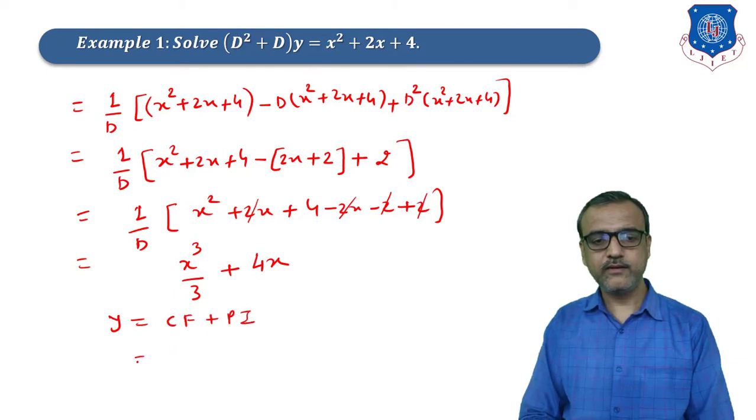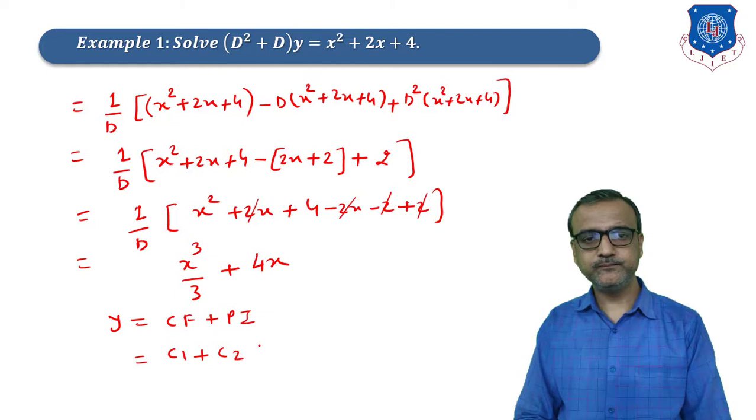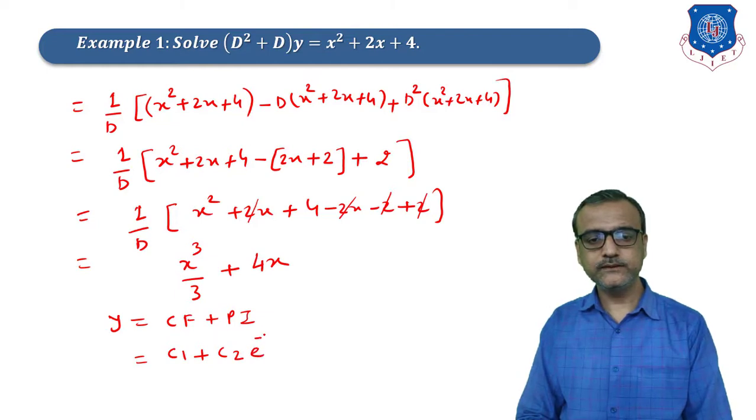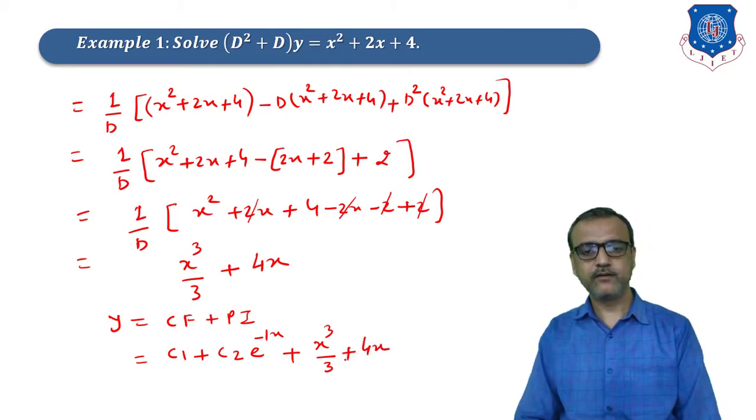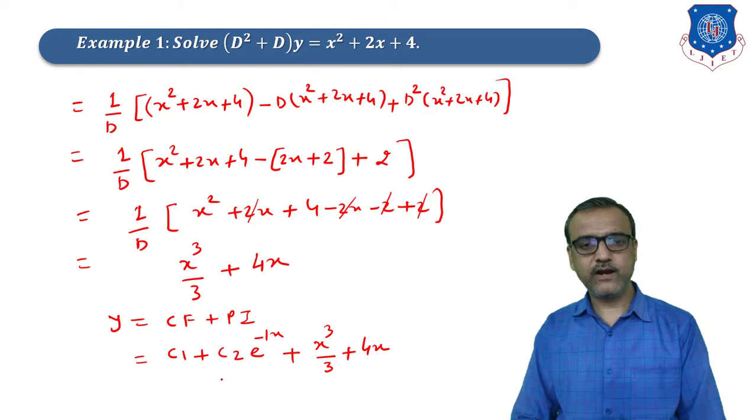CF is c1 + c2 e^(-x) plus PI is x^3 by 3 + 4x. So this is the required general solution.